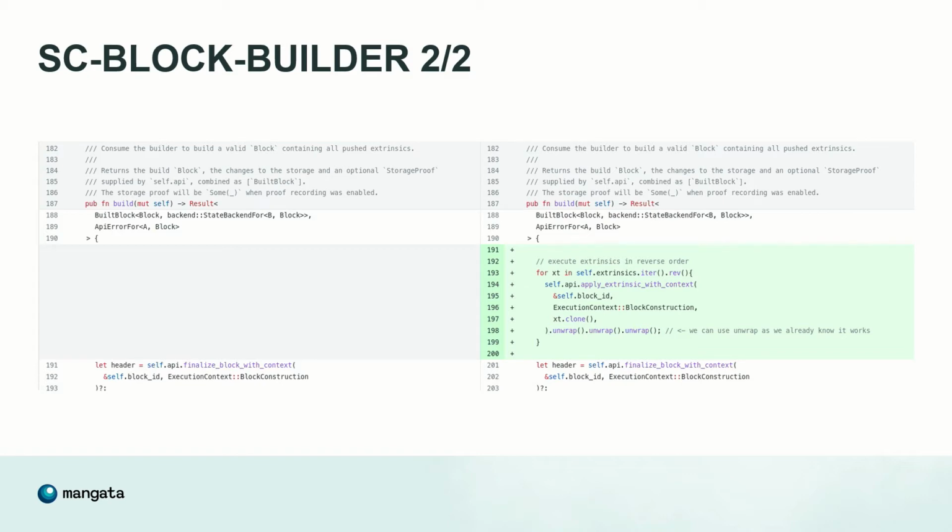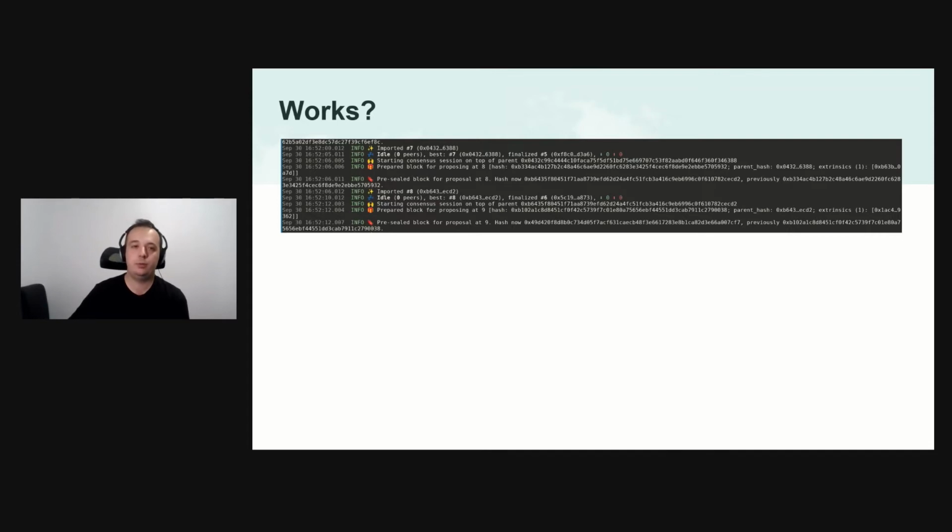And when one decides to finalize the block, when the build method is called, we'll just take the list of all the extrinsics and execute them in reverse order. That seems like an easy thing to do. So we are running the node and everything seems to be working, but of course there are problems.